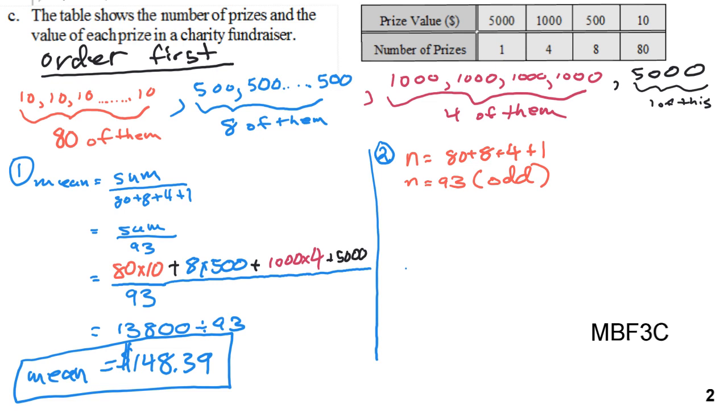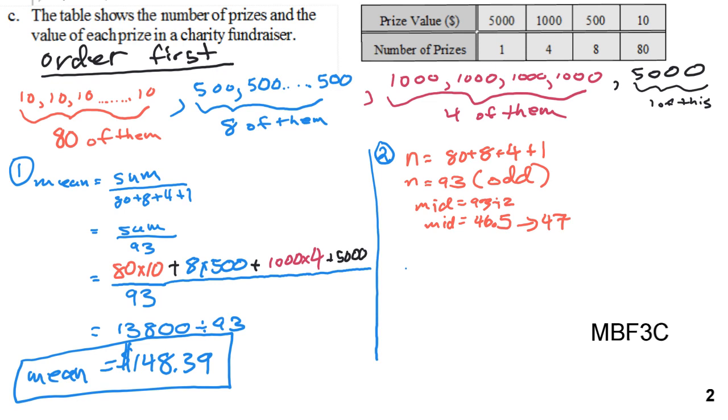So with this odd number, the mid position is going to be 93 divided by 2, which gives us a mid position of 46.5, which really means it's 47. So we need to get to position 47 in our list.